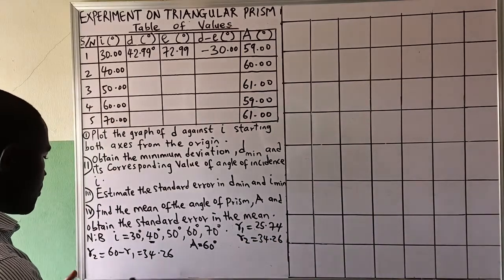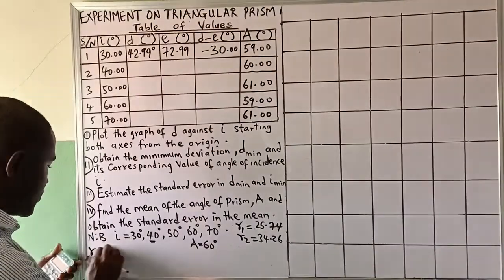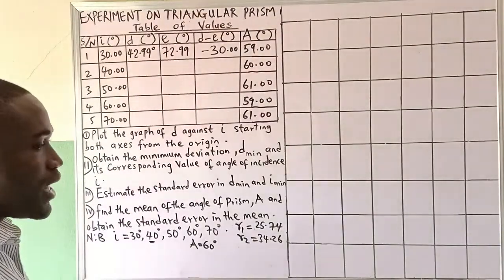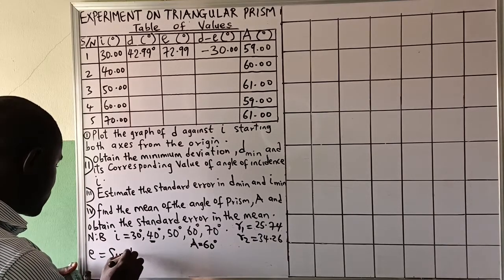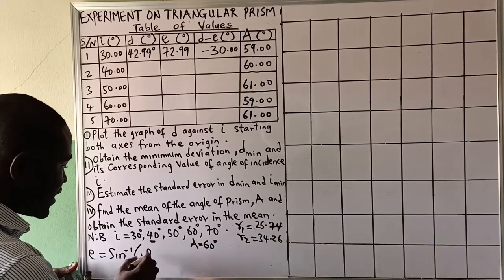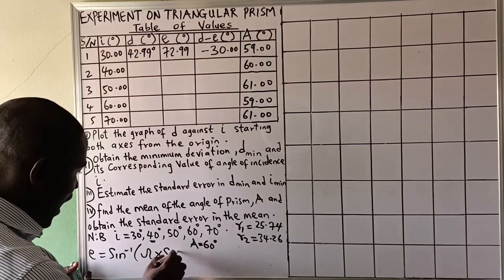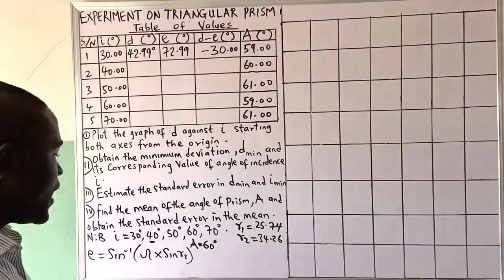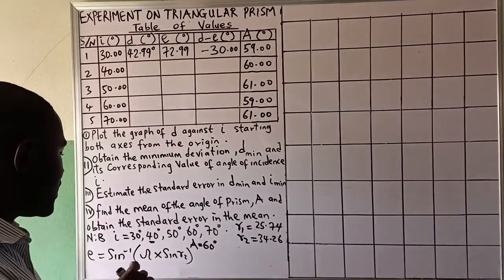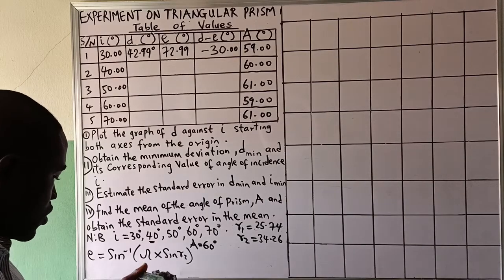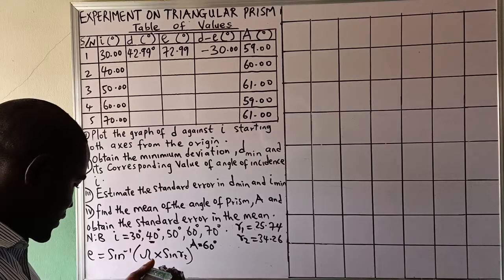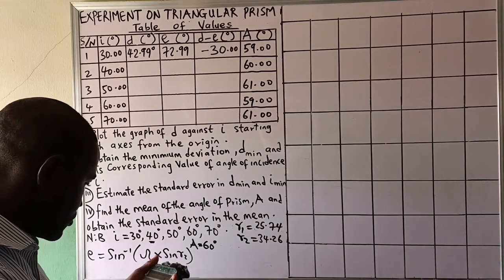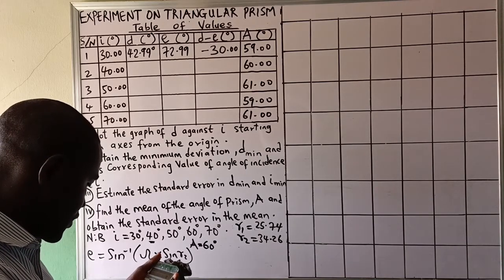Then we come again to get our E. We now say that our E is equal to sine inverse of refractive index times sine R2. What are we going to get?